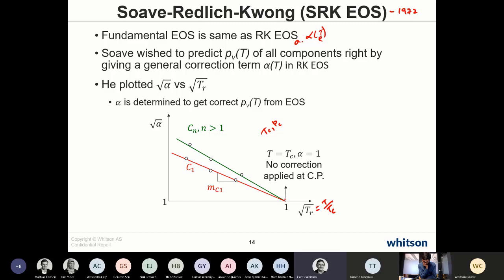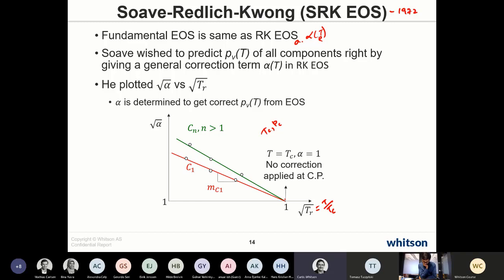It relies on 2 points: the critical point as the end point of the vapor pressure curve, and then the vapor pressure at reduced temperature of 0.7 as the other point. With those 2 points, you can compute the acentric factor.